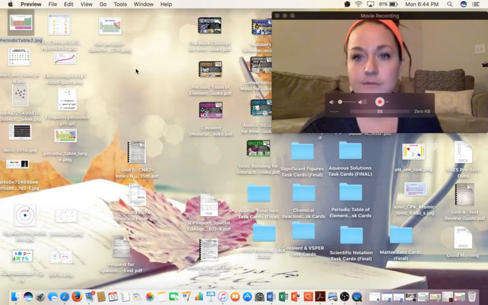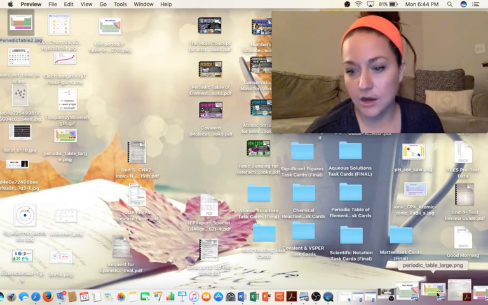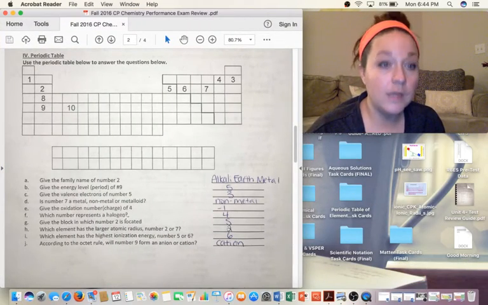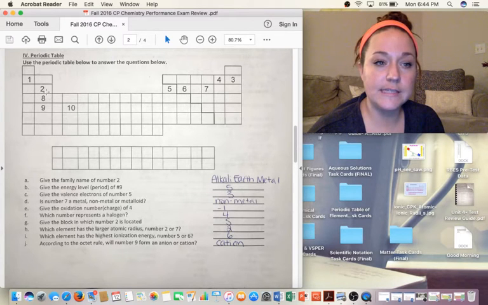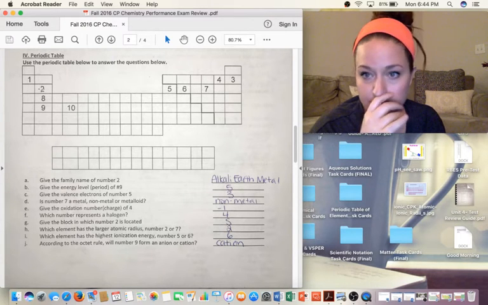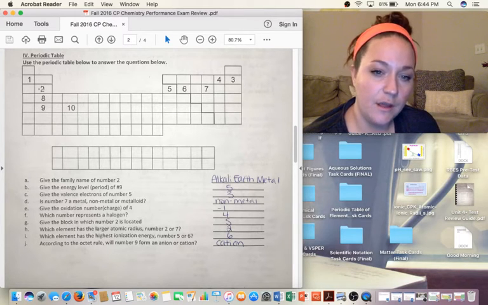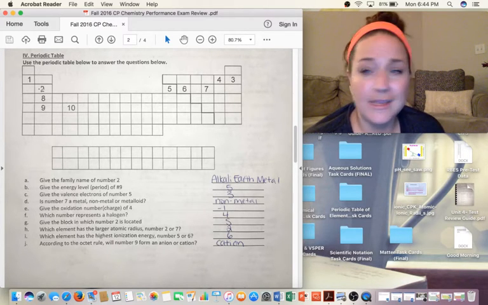This is what is referred to as your blocks on your periodic table. So let's locate number 2 on the periodic table. So the question is asking us, which block is it in? It's S. It is your S block.